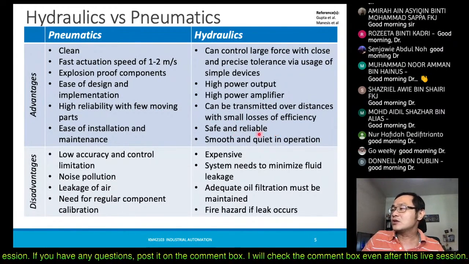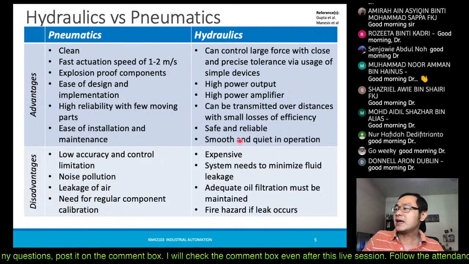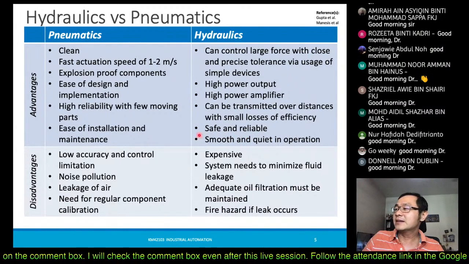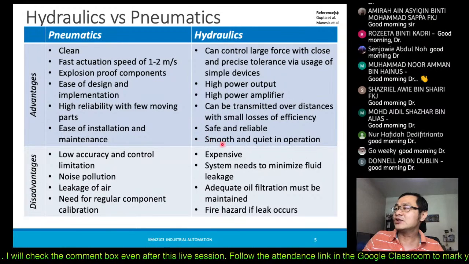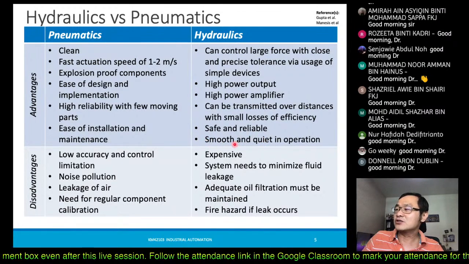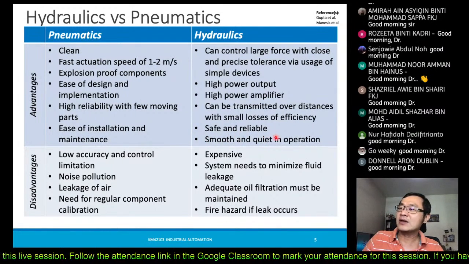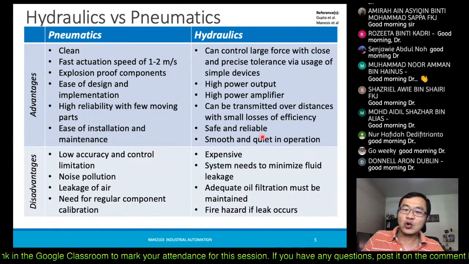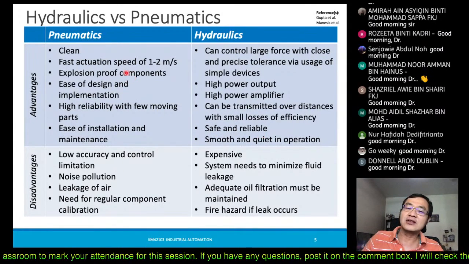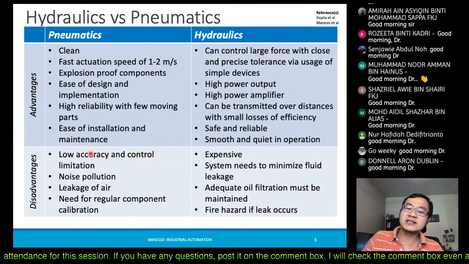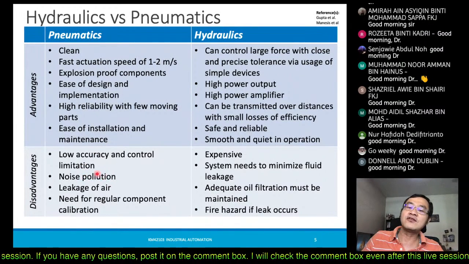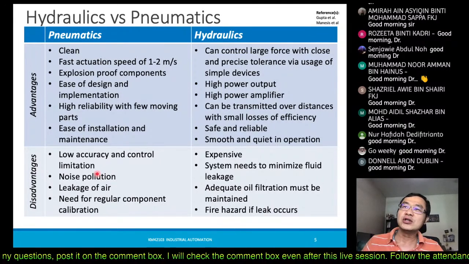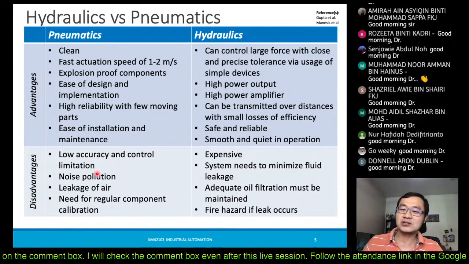For sure, it's still safe and reliable, and the main difference is that hydraulic systems are usually smooth and quiet, whereas the pneumatic ones are a bit noisy. So there will be a lot of noise pollution where the valve releases the air and so on.